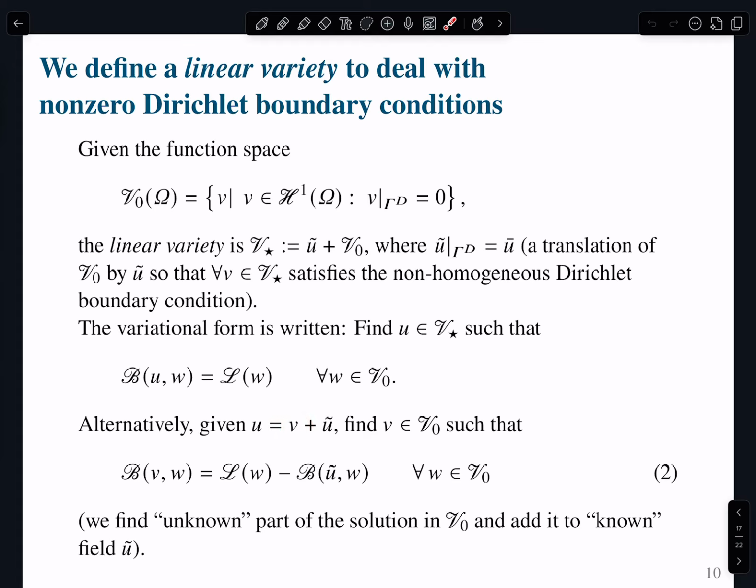And now my alternative equilibrium statement is going to be, if I plug this in here and apply the distributive property of the bilinear form, I simply get back this expression where on the left hand side, in the bilinear form, I have b of v comma w, again, the unknown part of the solution.